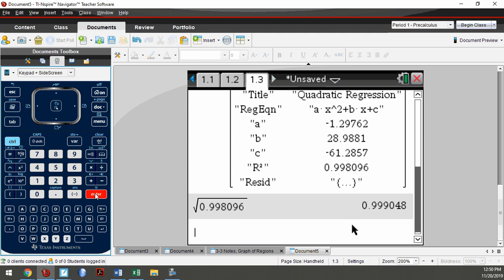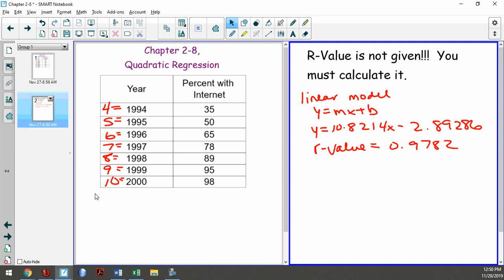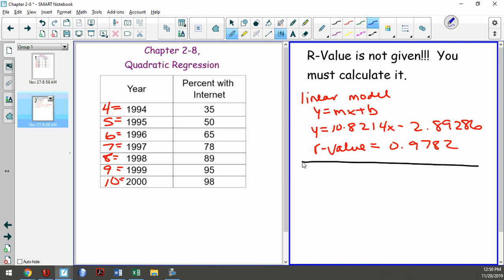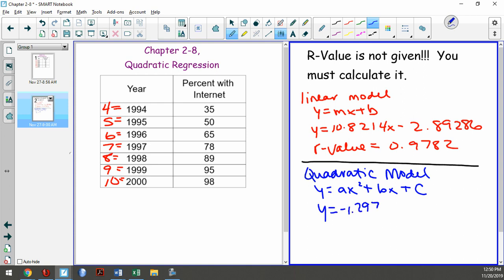I'm going to go over to my other page and write that down. Everybody knows what I'm talking about. Plus 28.9881X minus 61 point.